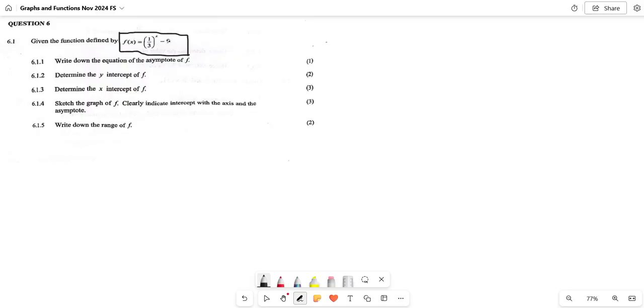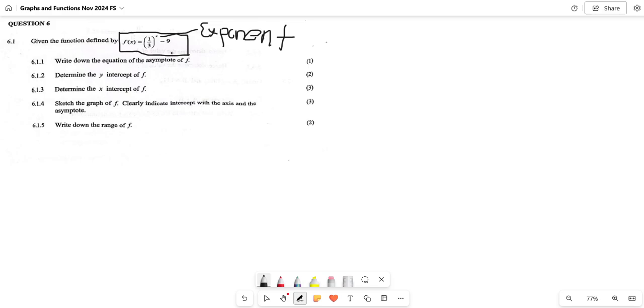In this case, we see that x is at the top, meaning that variable x is our exponent. Since x is an exponent, we are dealing with an exponential equation or an exponential function.